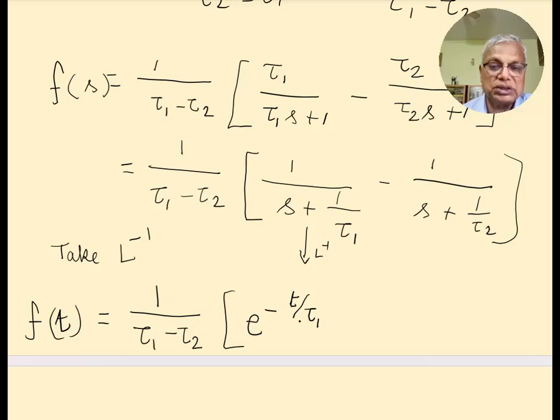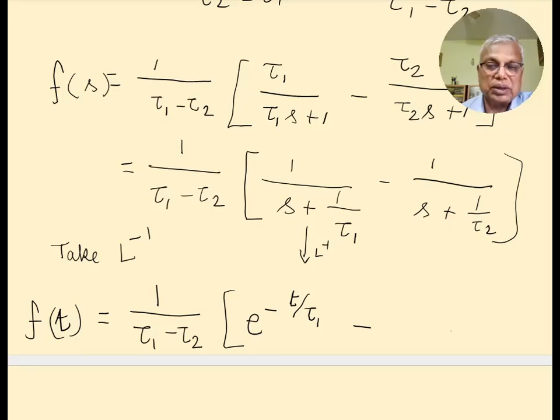So the inverse of this is e power minus t by tau 1, minus the inverse of this, which is e power minus t by tau 2. That's all. So this is the required inverse of the given function.